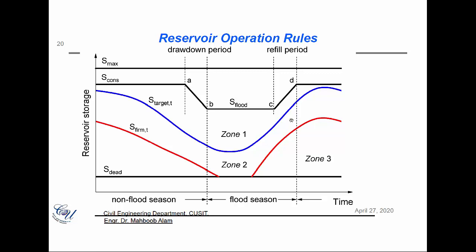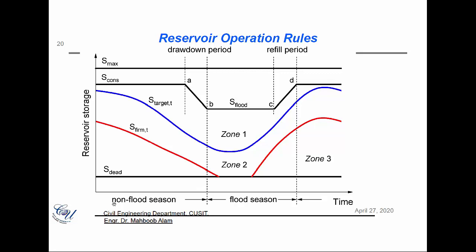Reservoirs are normally operated through operation rules. We have defined operation rules, and these operation rules are available with the plant managers and plant operators. They always have these rules in front of them, and they look at the time, at the season, and based on that they try to follow these operation rules.